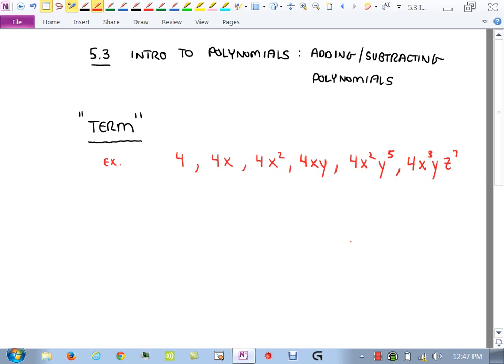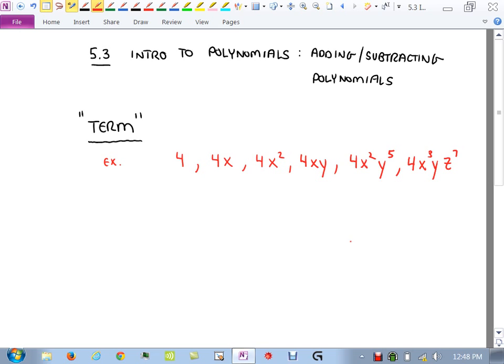These are all terms. What makes a term is that first, you don't have any addition or subtraction, right? The only operation that you see anywhere in these examples is what? What's the implied operation? Multiplication, right? Now, 4 by itself is just 4, but 4x means 4 times x.